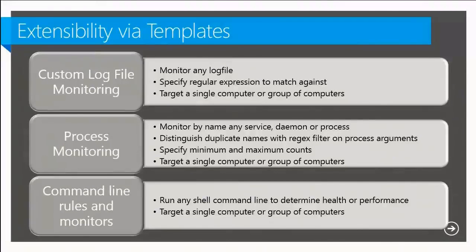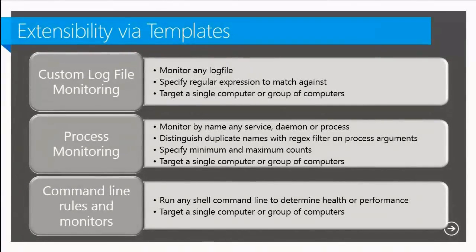You can distinguish multiple processes with the same name based on the arguments. So if you have 10 apps all with the process name Java, but they're individual apps, you can use the arguments, argv1 through argvmax, to filter that. And then specify minimum and maximum counts for process monitoring.